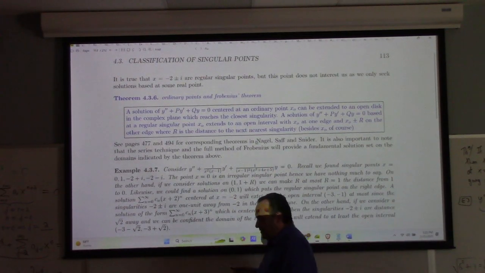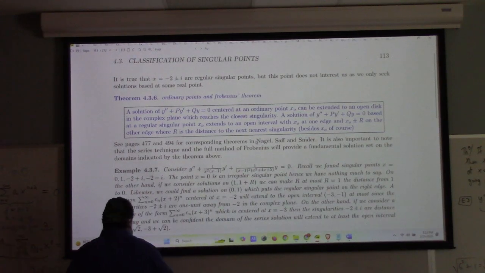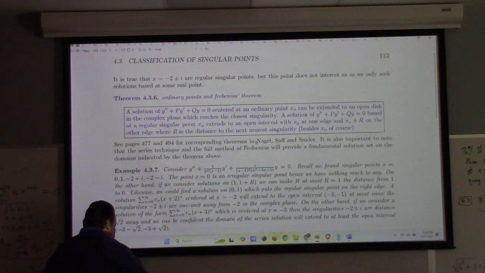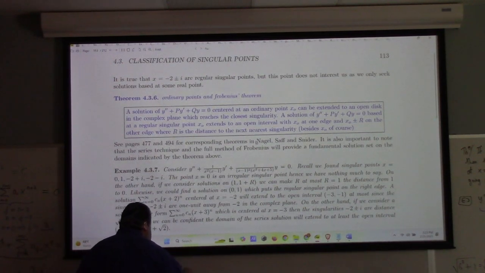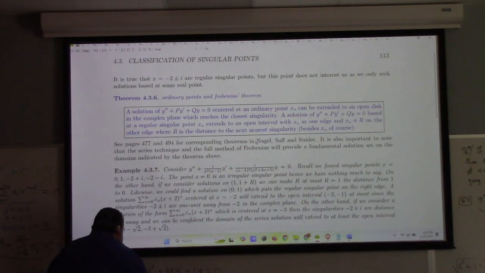So, you guys remember this problem? x squared y prime prime plus this right here. Remember that? Divide by x squared, what happens?